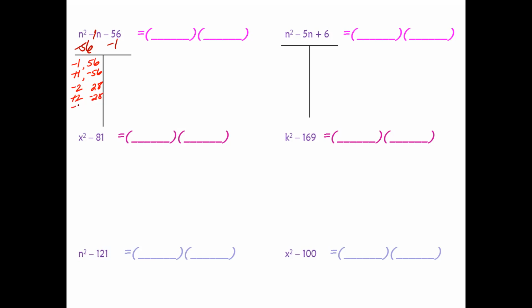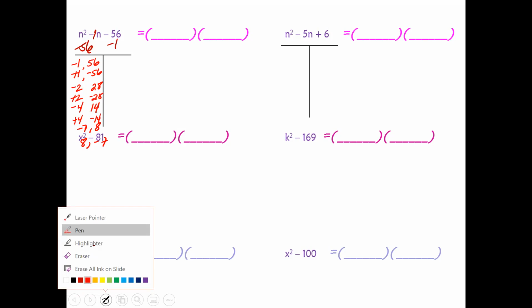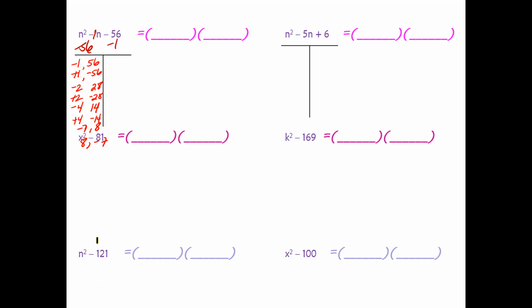You could do a -4 and a 14, or a +4 and a -14, or you could do a -7 and a +8, or a +8 and a -7, okay? One of these will give you a -1. Take a moment, which one is it going to be?